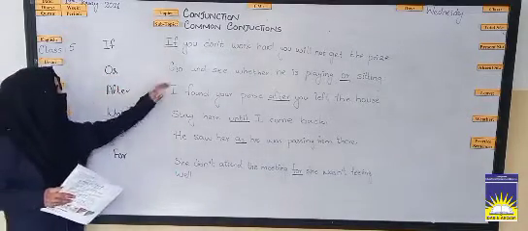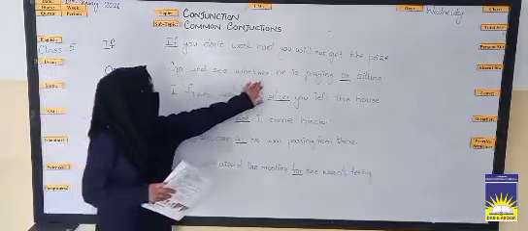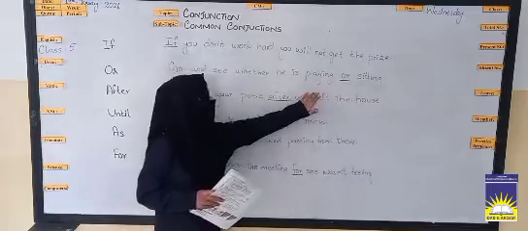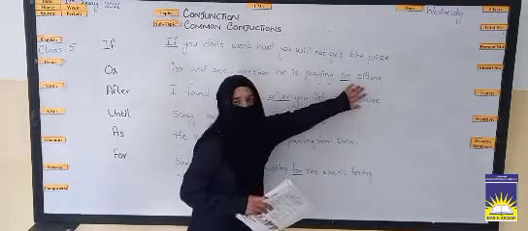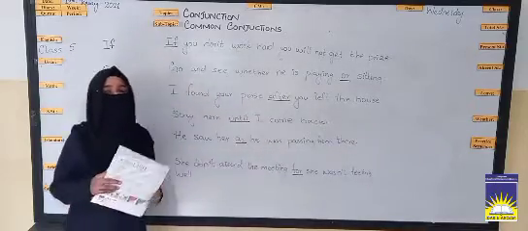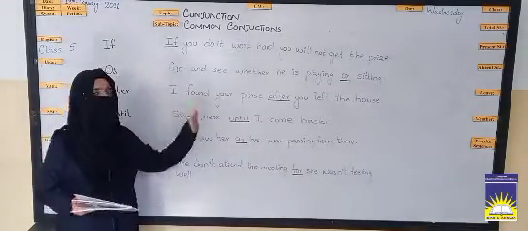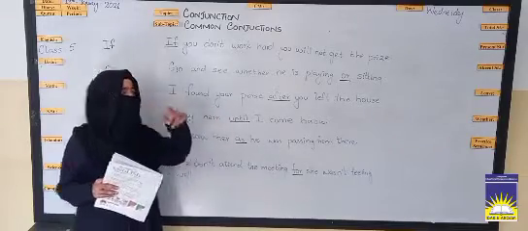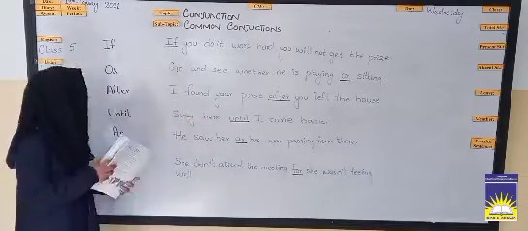Now look at the example. Go and see whether he is playing or sitting. Now you can see here there are two options, playing and sitting. So we don't know what he is doing there. So we are asking playing or sitting, is he playing or sitting? So the word or will be used in this way.